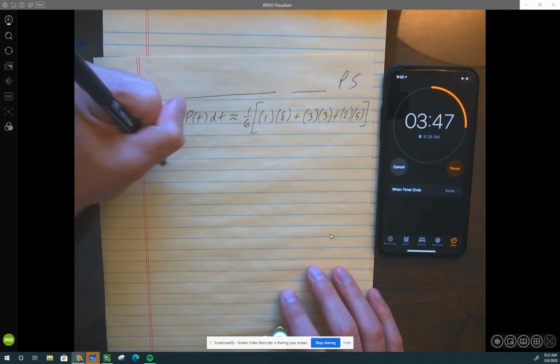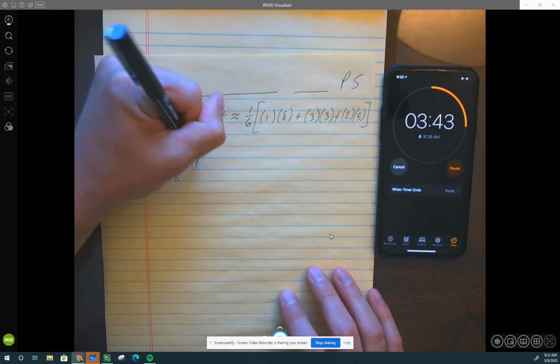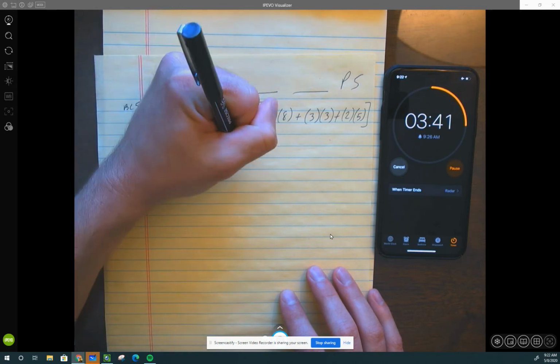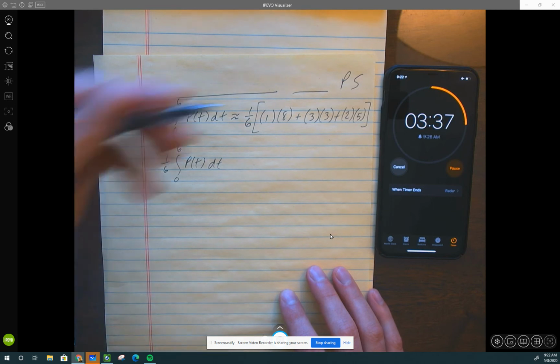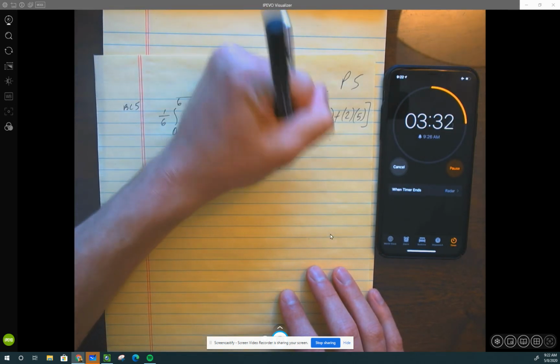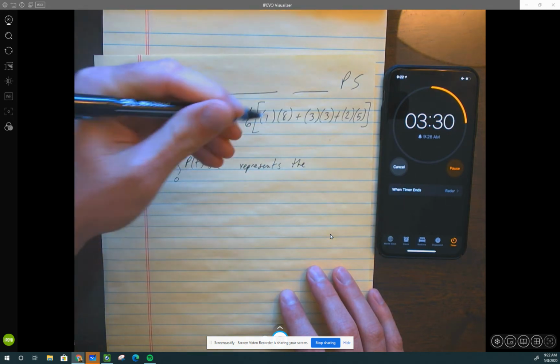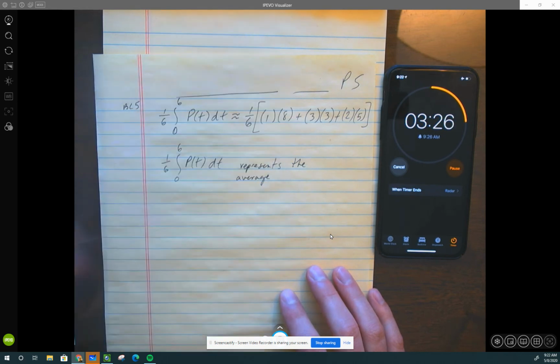And the meaning. Okay. So 1/6 times the integral from 0 to 6 of p of t dt represents, I think that's how I said it in the previous one. Yeah, I like that. Represents the average. Well, it's the average value.